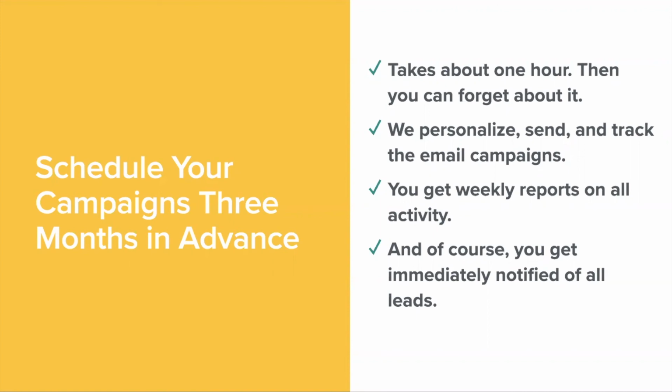You get a weekly report of updates. We handle, of course, personalizing, sending, tracking. We manage opens, unsubscribes, bounces, and then any leads, we notify you in real time about this.